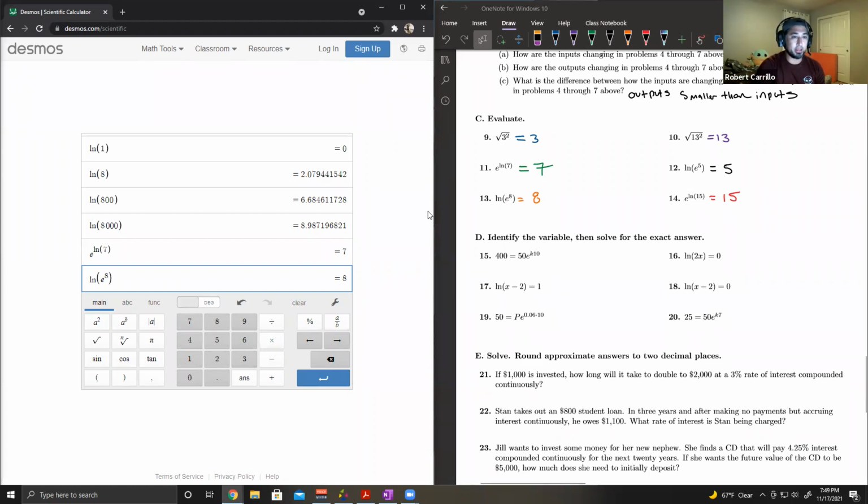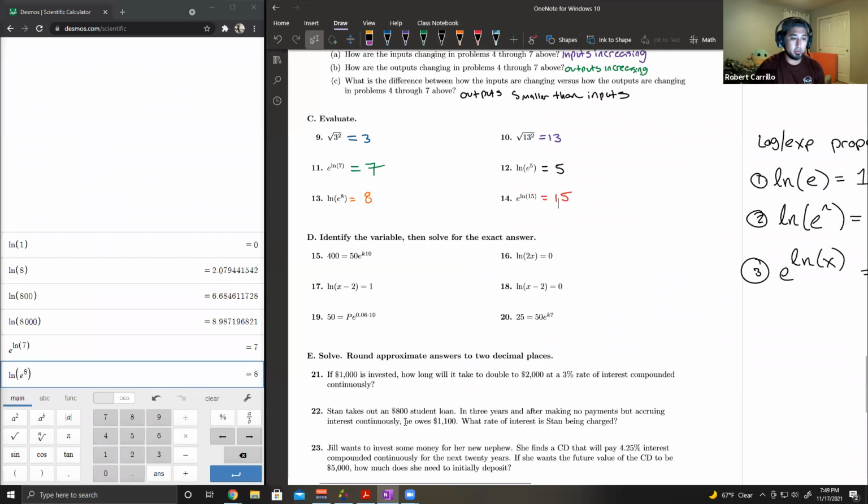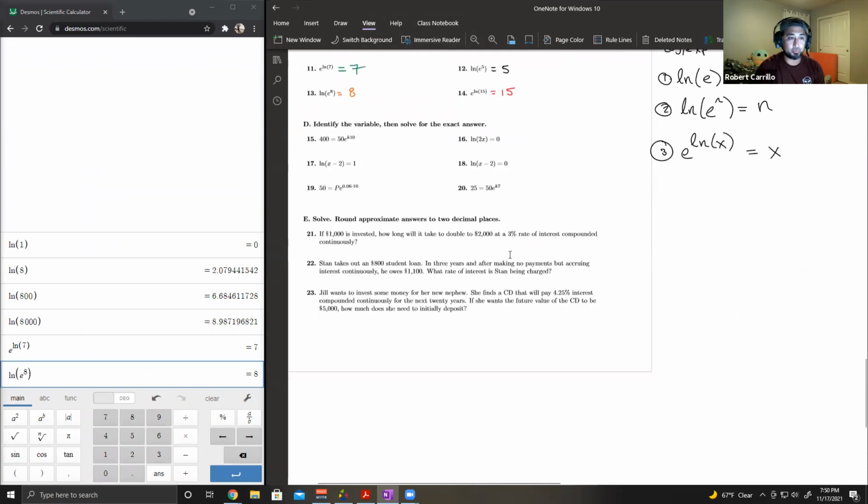Now let's get crazy. I'm going to move that calculator there. Extend this here. I'm going to need some room, because now we're going to be solving these equations. On 15 through 20, identify the variable, then solve for the exact answer.